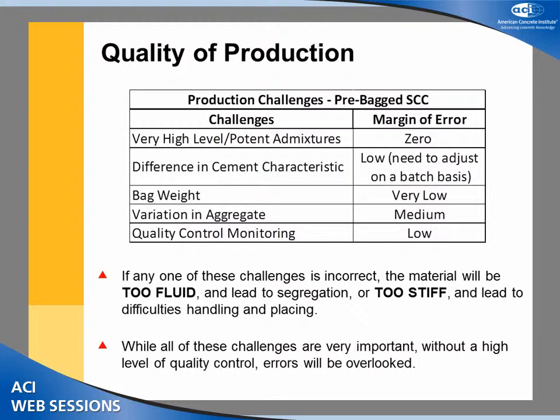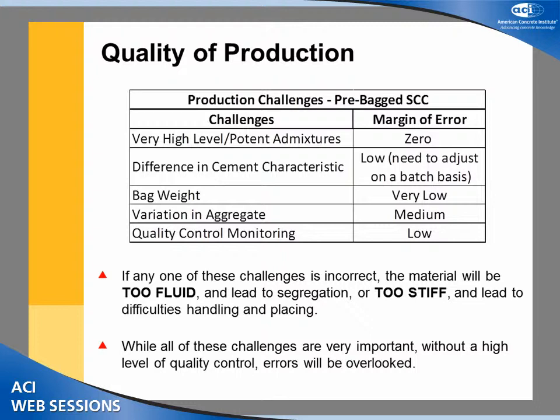So again, with the quality control in producing an SCC, the onus on the manufacturer just multiplies by many factors. It has to be watched very carefully, and it has to be screened very frequently to make sure that what is out there in the marketplace is as good as it is expected to be. The variation in aggregate is of course a huge concern. If you start getting a lot of variability in aggregates, it's going to affect the flow as well.